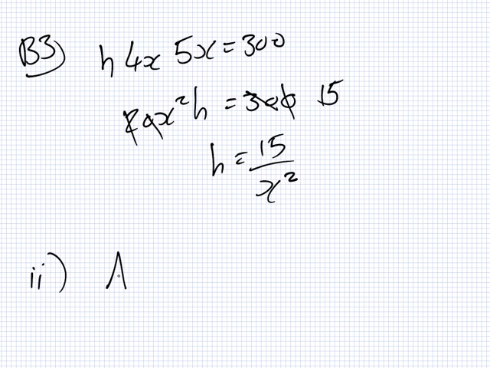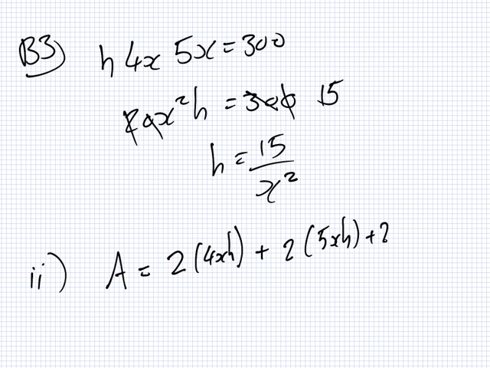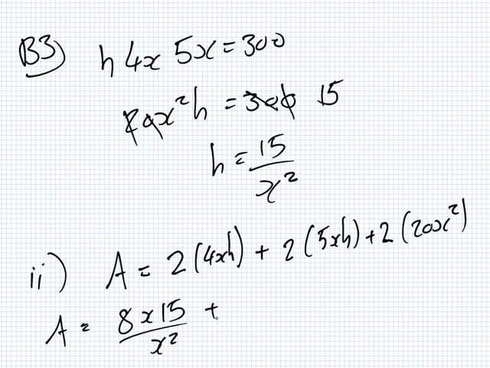Surface area. So there's two fronts, so to speak. So there's twice 4xh, and there's 2 sides, twice 5xh, and there's a top and a bottom, which is twice 20x squared. Now we don't want the h in it, so that will be 8x times 15 over x squared plus 10x times 15 over x squared plus 40x squared.